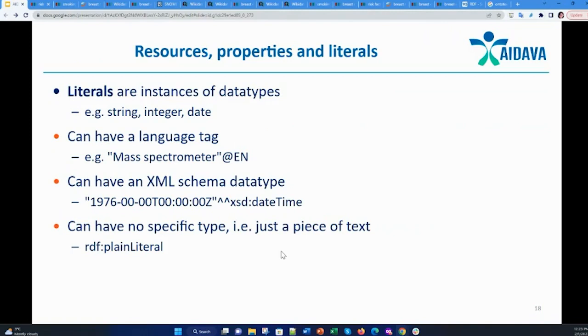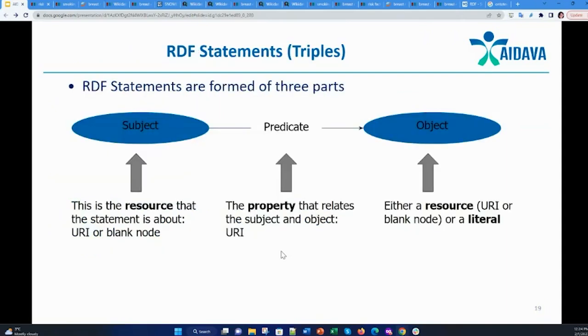And we have also some ways to resolve those literals using XML schema for data types. For instance, here we can see some language tags used, or schema for data types, or specific types for pieces of text.